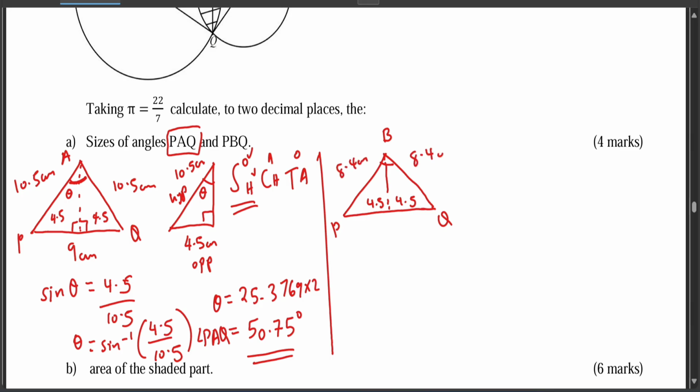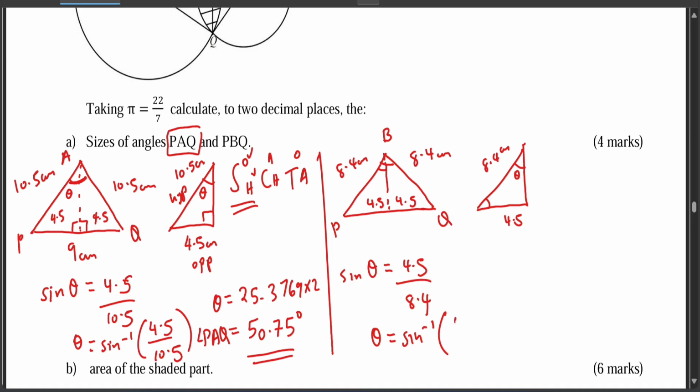If your angle is here, so I'm drawing the triangle, basically this is your opposite and this is your hypotenuse. Again, we're going to use sine of that angle equal to 4.5 over 8.4. So your theta is equal to sine inverse of that quotient.